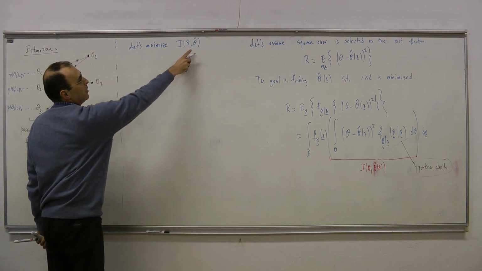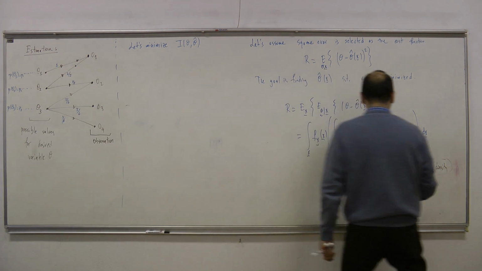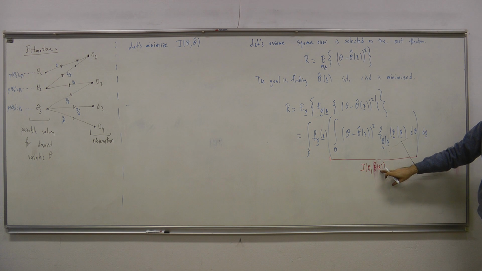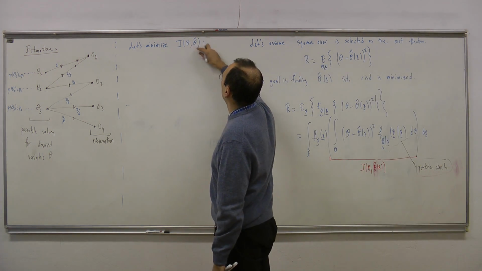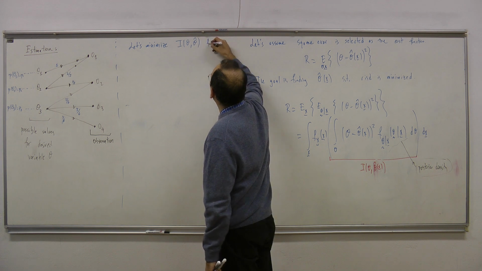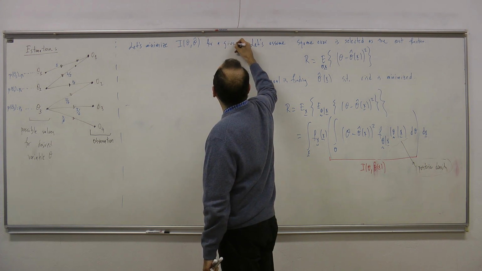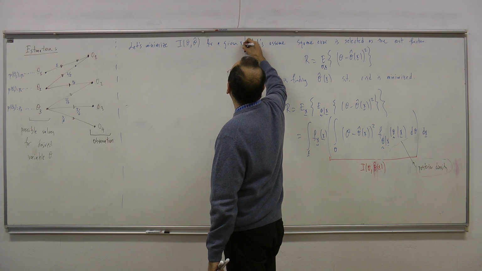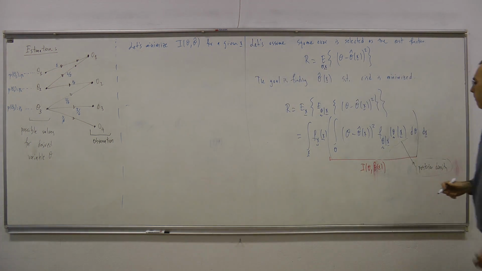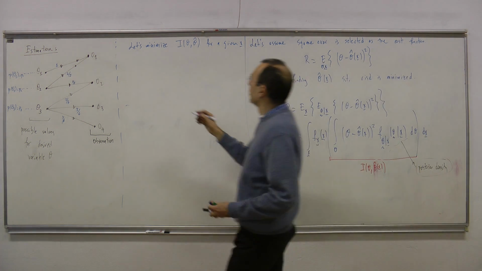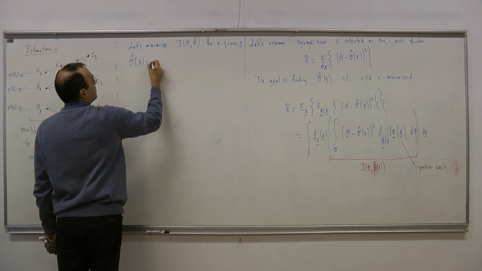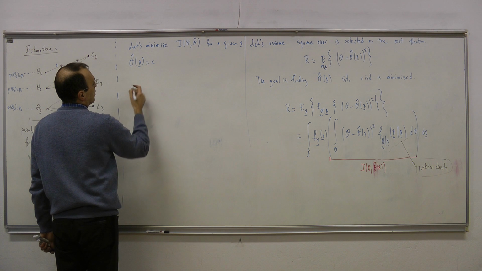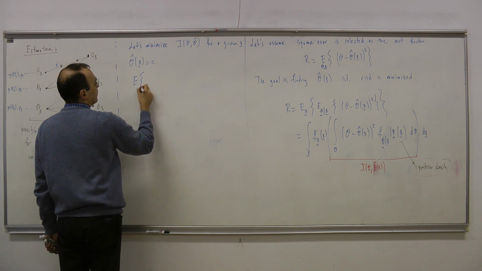I'm not even writing this dependency on x, because of course the estimator depends on the observations, I know that, and it's just a constant for this discussion, for a given observation vector x. So for the sake of simplicity, let me just write this as c. This is just a constant.